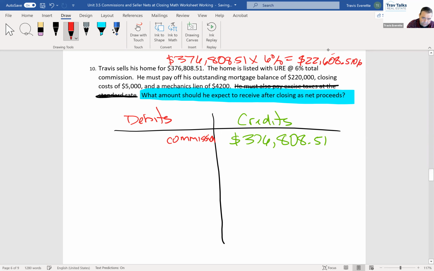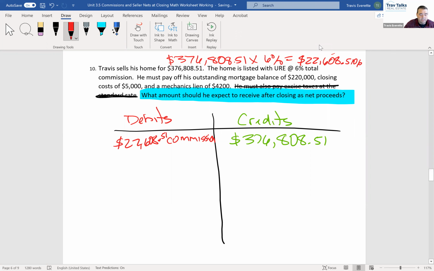If you want to be really accurate, 51 cents. So for commission, I got 376,808. Oops, sorry, I'm writing the sales price down. Easy to do. That's why you label things, right? Sorry, commission, I got 22,608 and about 51 cents, okay, as a debit.